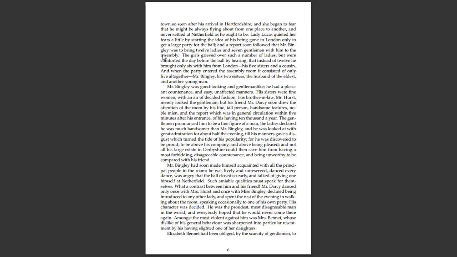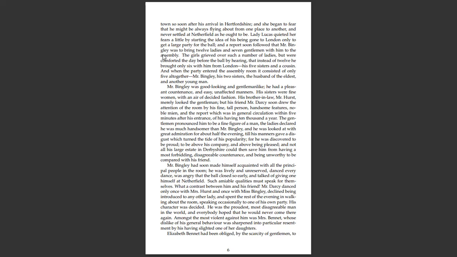Lady Lucas quieted her fears a little by starting the idea of his being gone to London only to get a large party for the ball, and a report soon followed that Mr. Bingley was to bring twelve ladies and seven gentlemen with him to the assembly.